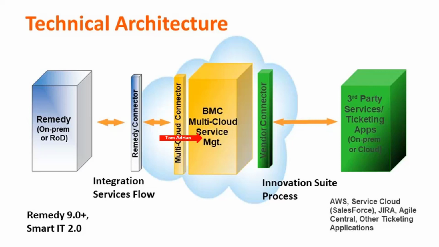So, for example, if I wanted to take the categorization in ITSM, let's say category tiers 1, 2, and 3, and map those to a category code in Amazon Web Services, I need to have an ability to define that.